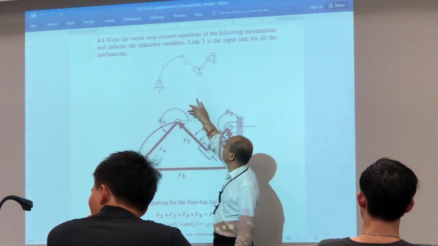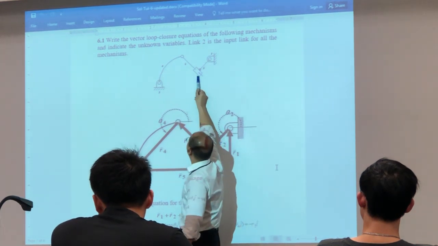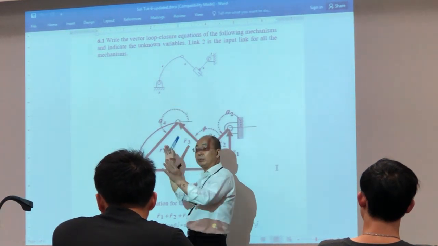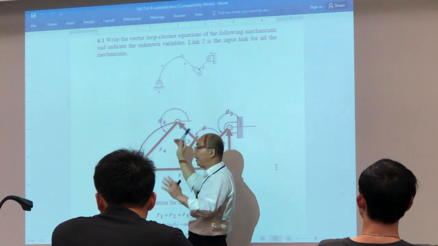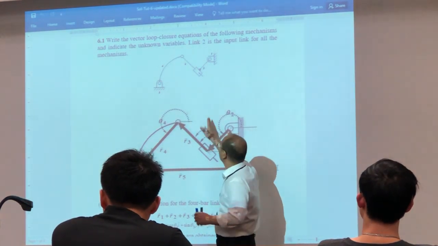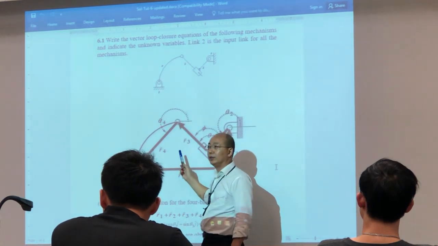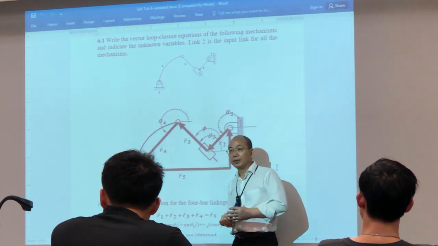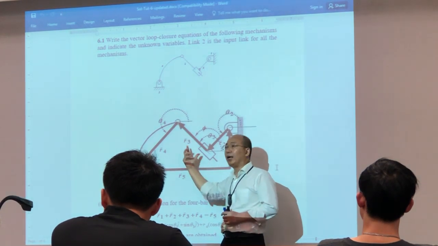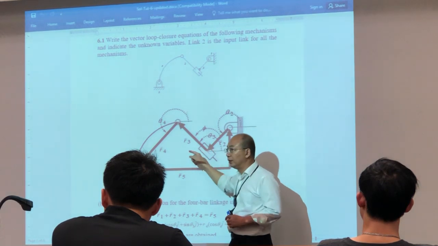How about R3? R3, you can see the slider is moving. When the mechanism is moving, R2 never changes, right? Correct. But the slider is moving, right? So how about R3? R3 is changing, right? So R3 will be an unknown. Correct? How about theta 3?